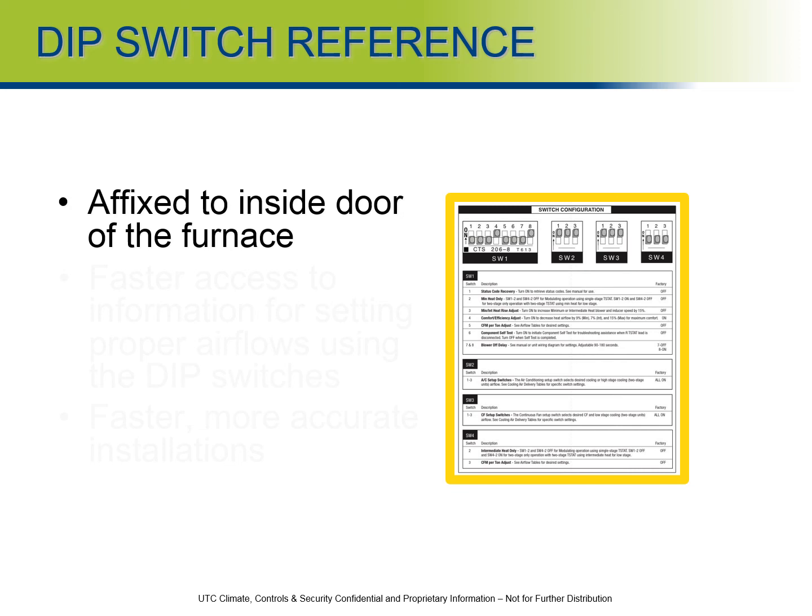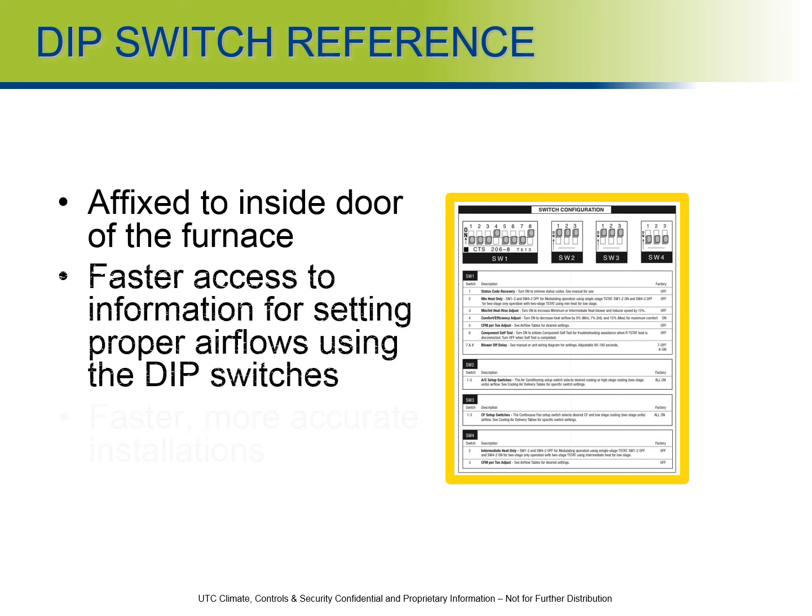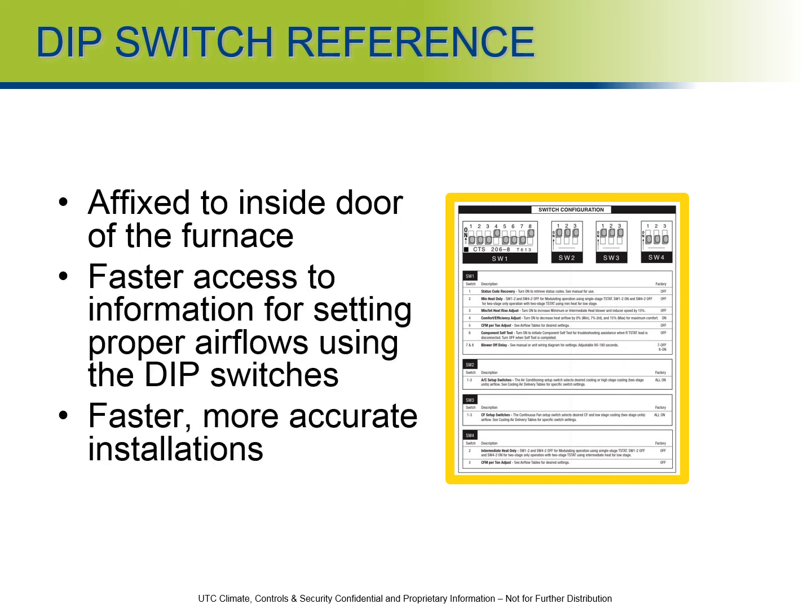These dip switch settings are now affixed to the furnace doors for much easier access. That way we don't have to break into the installation manual to track them down. This then creates a much faster installation process.